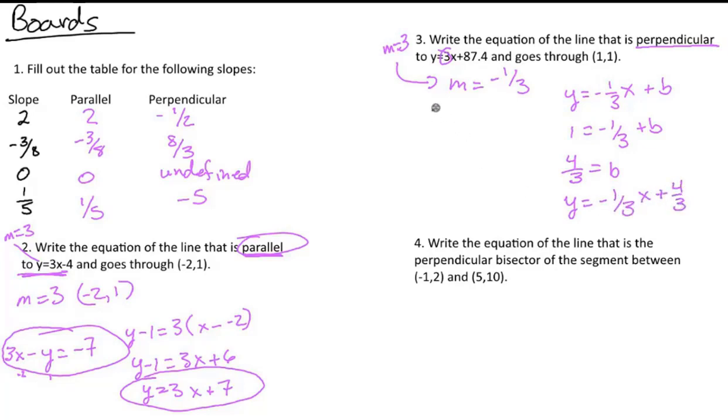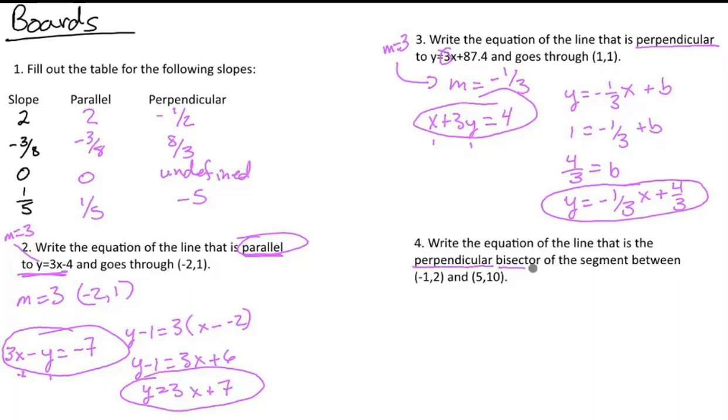If we did it in standard form, it would look like 1x plus 3y equals, and we stick a 1 in here and a 1 in there. 1 plus 3 is 4. So standard form and slope-intercept form. Good.